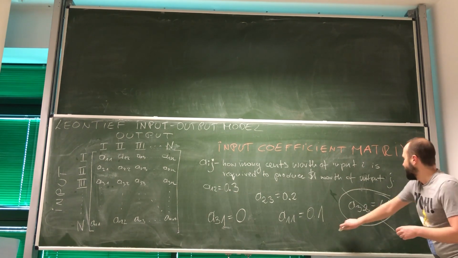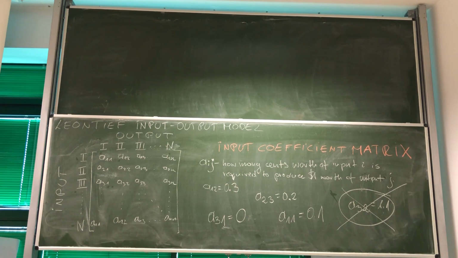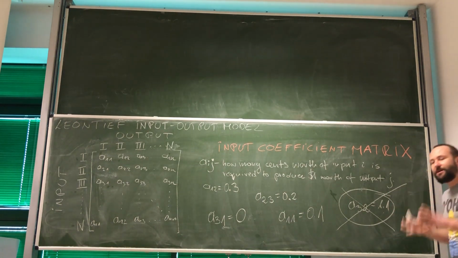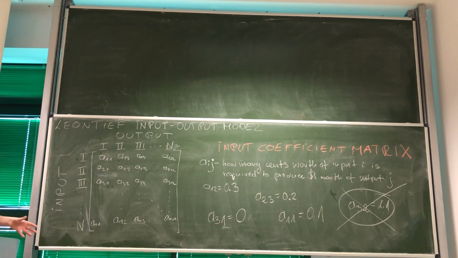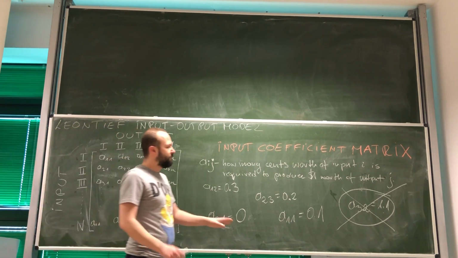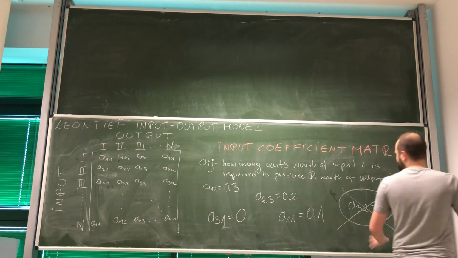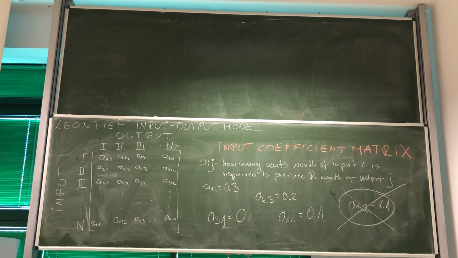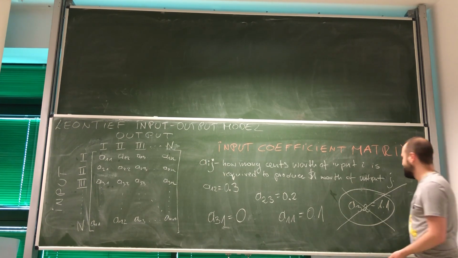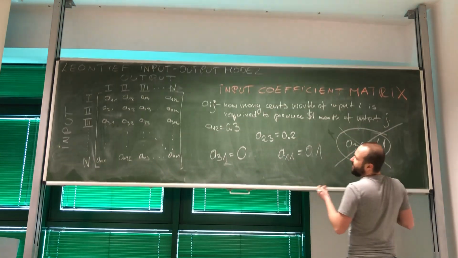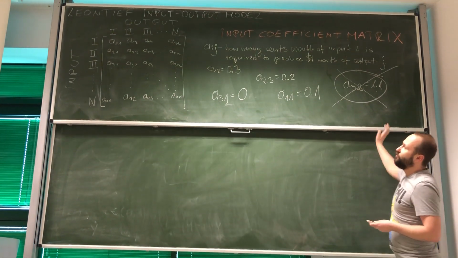No. So in this case, we cannot accept values being higher than 1 simply because it would mean that the production is not profitable. This good wouldn't be produced because it would cost more to produce it than you would be able to get for selling it. So clearly this case is not permitted.